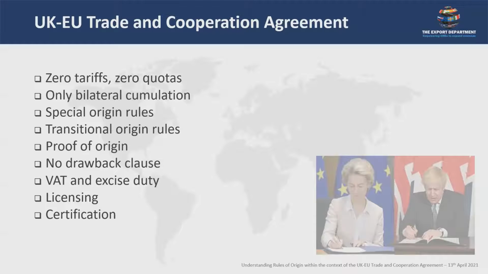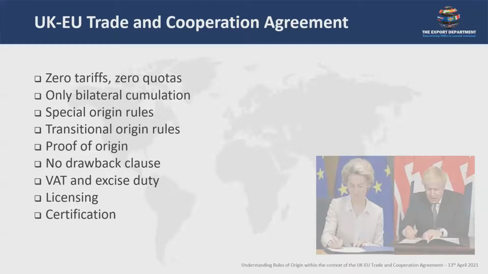Licensing, so both the EU and the UK can impose license requirements on goods, but as per the WTO terms, they must be transparent, fair and non-discriminatory. What was quite good was the dual use general license system that's already in place between the UK and the EU to reduce burden on exporters that are party to those commodities but need that dual use license. And then finally, certification.